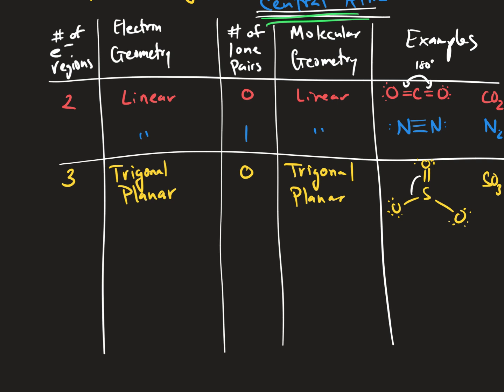How many degrees is that? So 60, like this is 60 right there, right? But the angle between these 2 regions is 120 degrees. So if we take 360 divided by 3, 120. And that's as far apart as it can get.